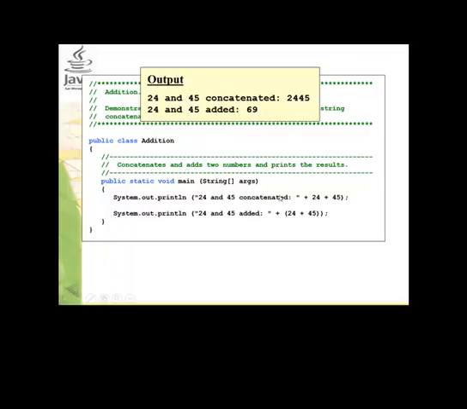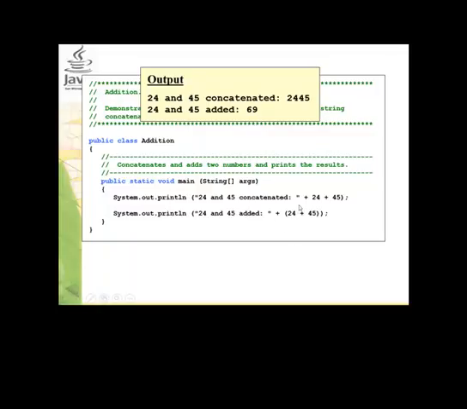But if we are specific about what operation we would like to perform, it will perform whatever is in the brackets first before showing the value of the operation, which is 69.